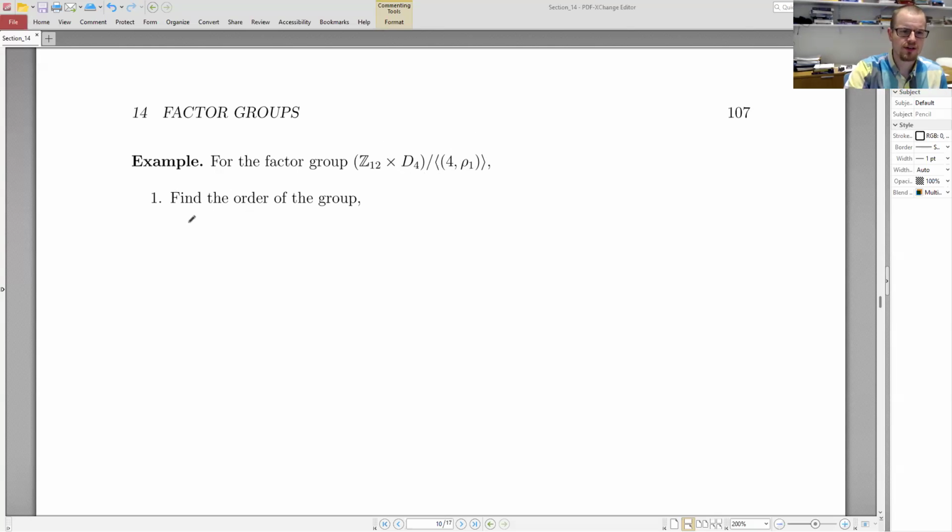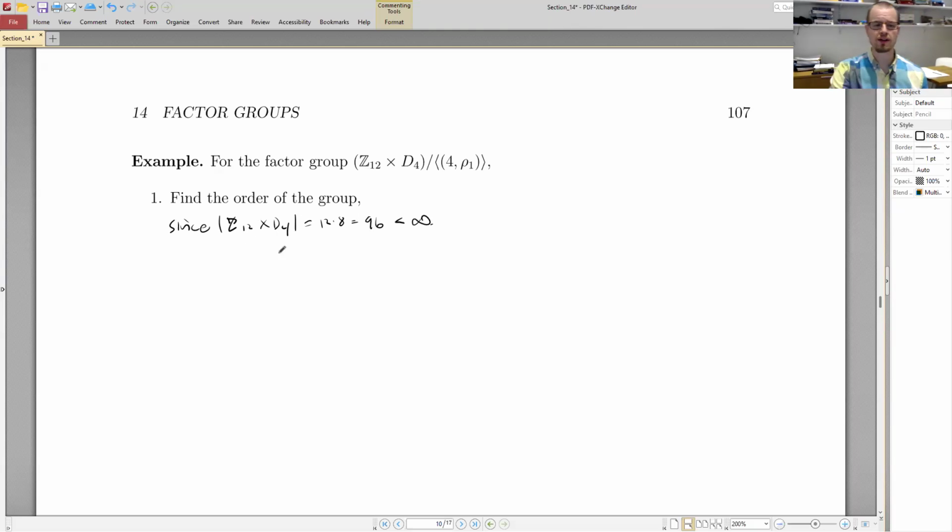Since we know that Z12 direct product with D4 has an order of 12 times 8, because this is order 12, this is order 8, and then we're taking ordered pairs of those, this is 96. That's less than infinity, which means that it's finite.